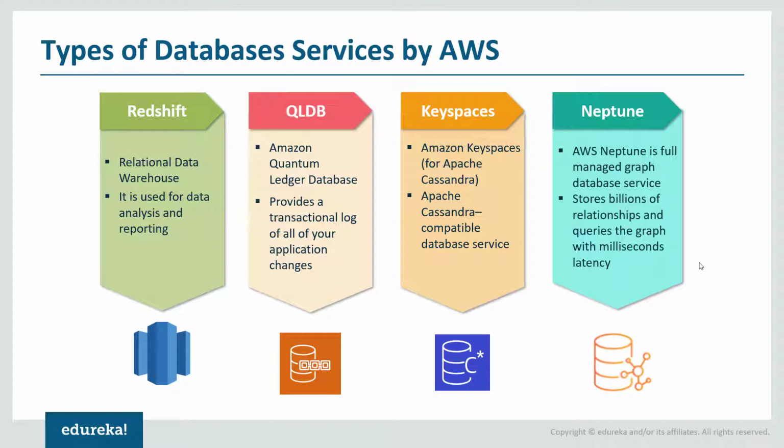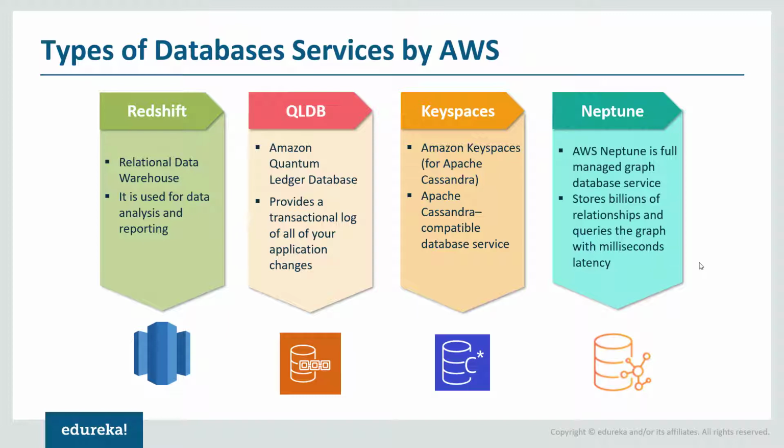It actually provides you a transaction log for all the changes in your application. Or maybe if I want to use something like Keyspaces for Apache Cassandra, you can go ahead and use it. Or maybe I would like to store geospatial information, satellite information, or DNA information, genome information.